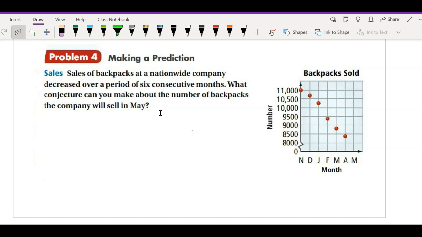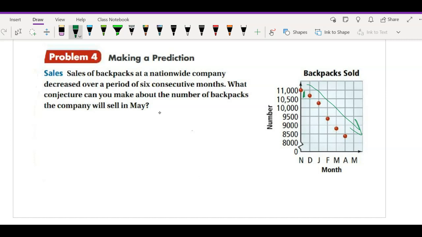We can see that it's decreasing. About how much is it decreasing from month to month? If I look over here, this month it's larger, but for the most part, they're close to 1 unit apart.